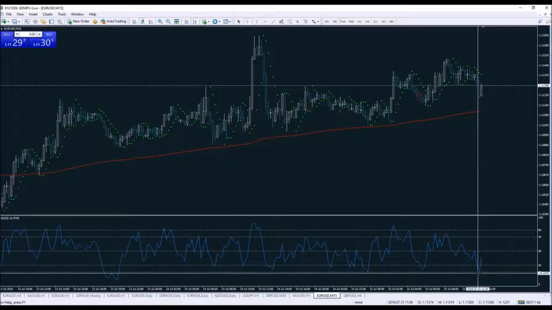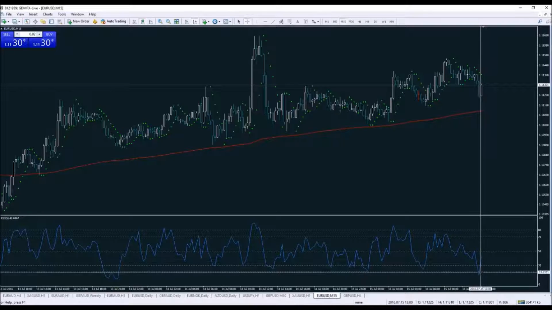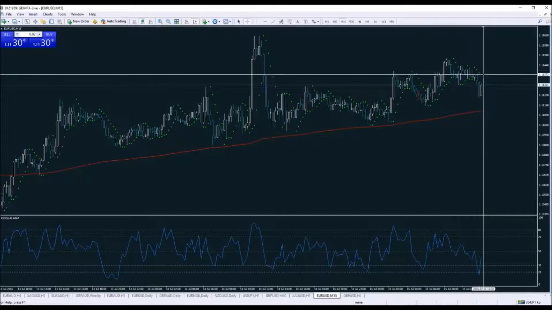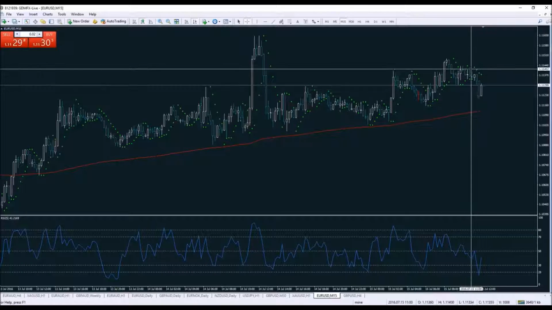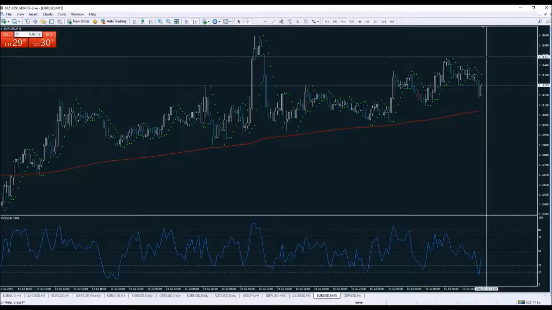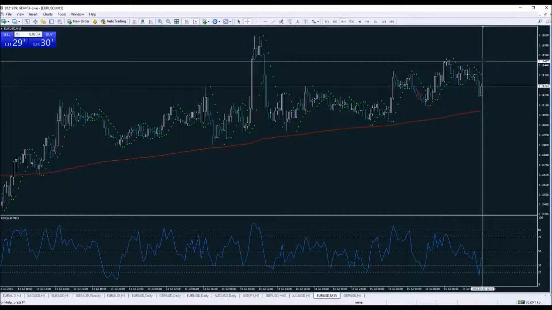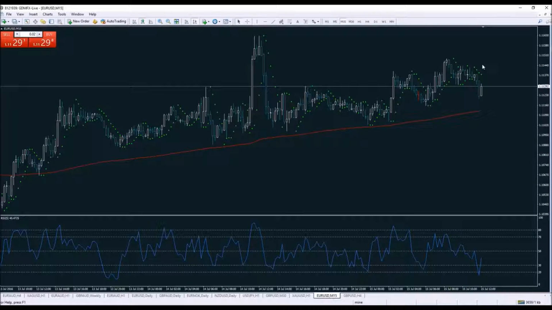The condition we're using the RSI to trade is a breakthrough of the extremum of level 20 right now, but also we have to consider the direction of the parabolic. In these conditions, we do not trade, simply because both of the indicators are contradicting each other.